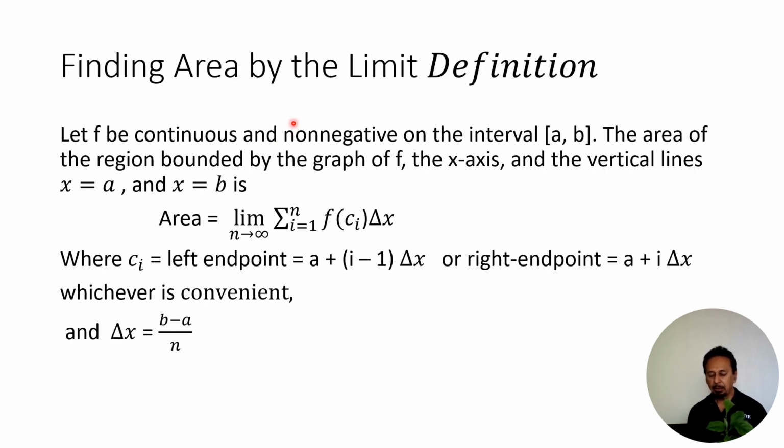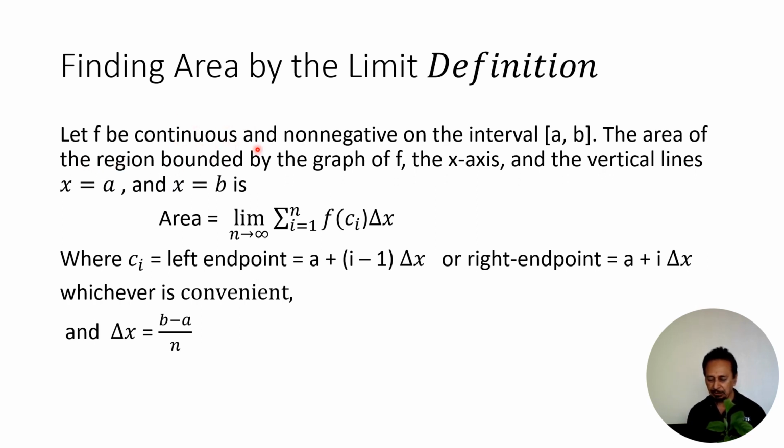Okay. So here's another way of finding the area, by the limit definition. So basically the same thing. We can use one of the formulas which we discussed, either lower sum or upper sum, for convenience. So let's see how the book defines it.